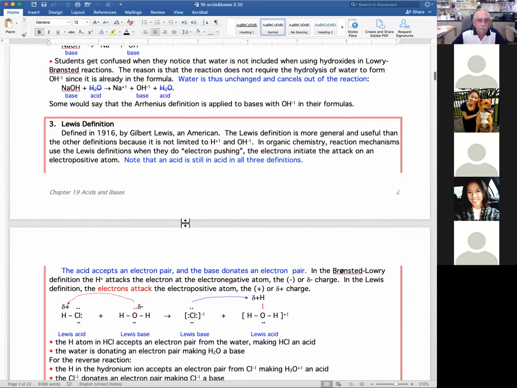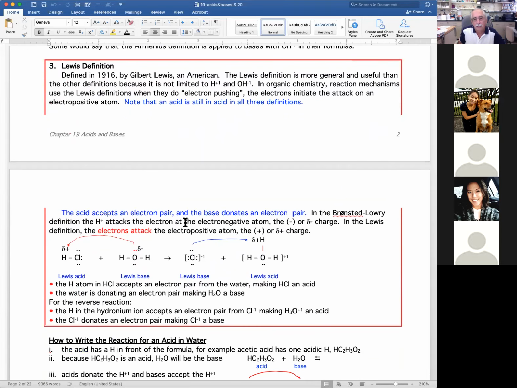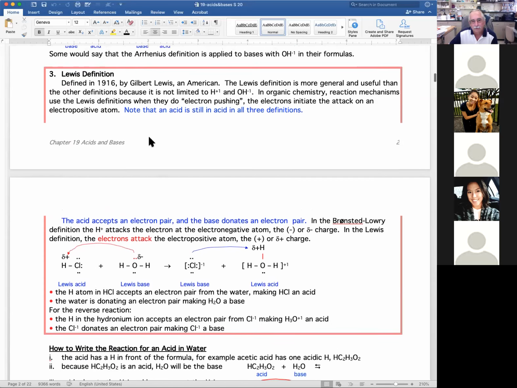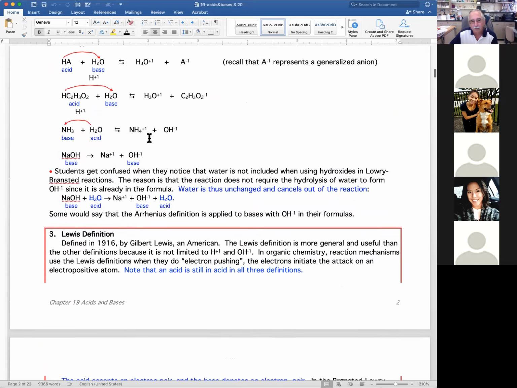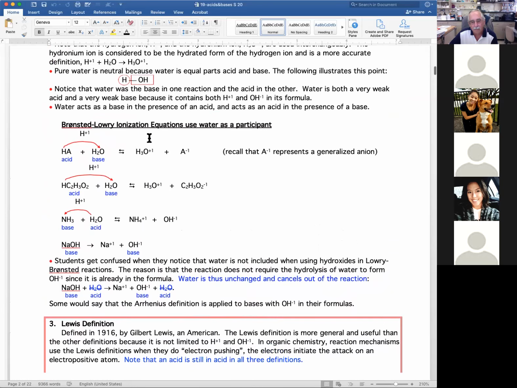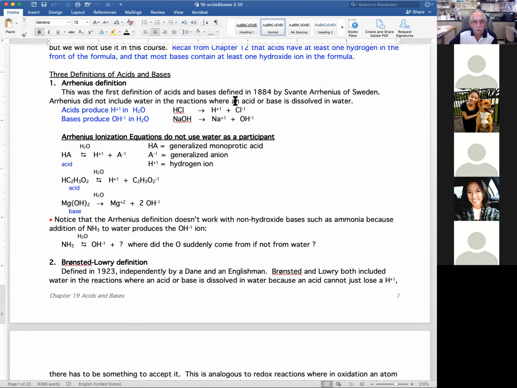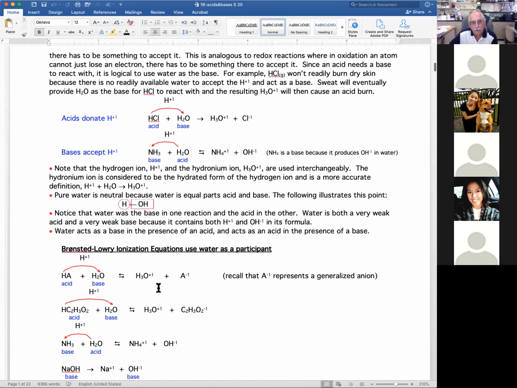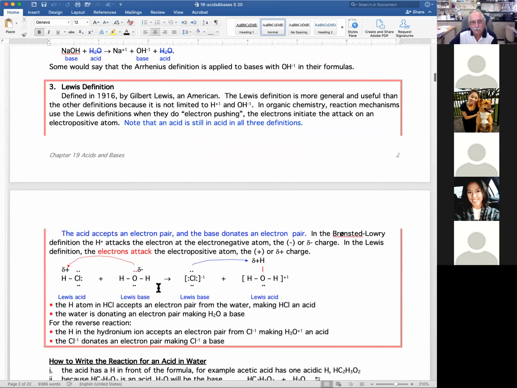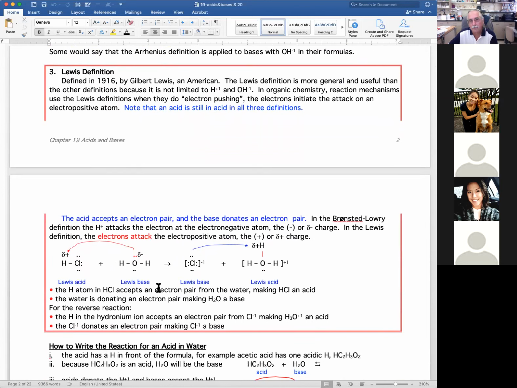Then, Lewis definition. I have this in a red box because we're not going to use it. So Gilbert Lewis was an American, and I think there was a lot of jealousy of Americans back at this time. But if you look at Arrhenius, 1884, Bronsted-Lowry, 1923, Lewis was before Bronsted and Lowry.